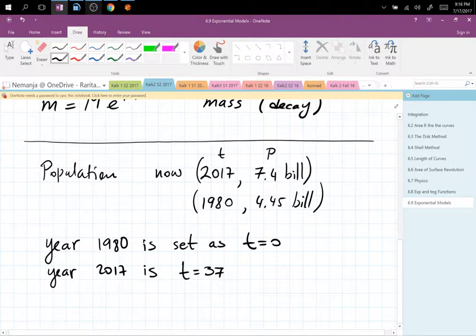Good. So 37 years later. You want to use the lowest possible year that you have in your data set and set that as the beginning of time, because at that point, when you have t equals 0, you have P0, and P0 is 4.45.